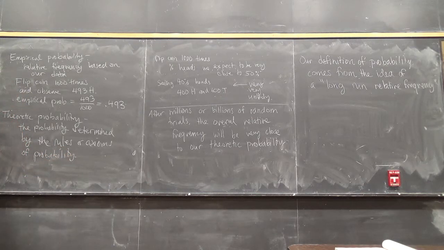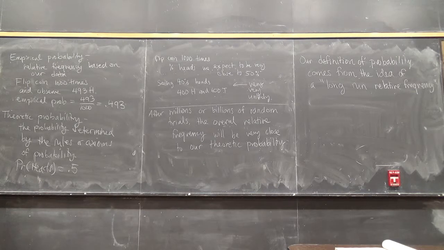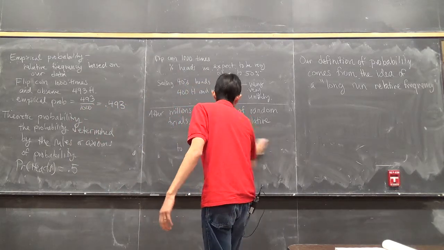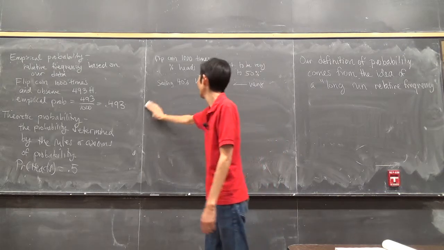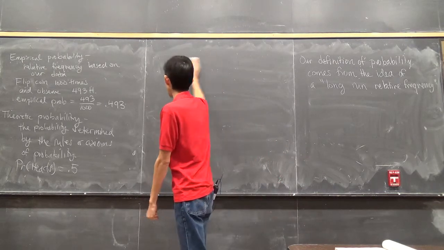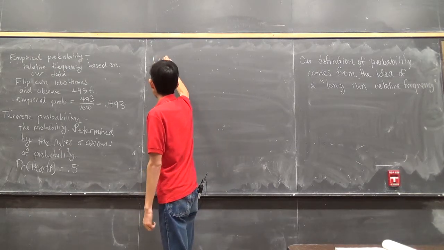And that says something like the probability that a coin lands heads is 0.5. And what I just illustrated, or tried to illustrate with the coin flips, flipping them 10 times versus 100 times versus 1,000 times, is an illustration of what we call the law of large numbers.